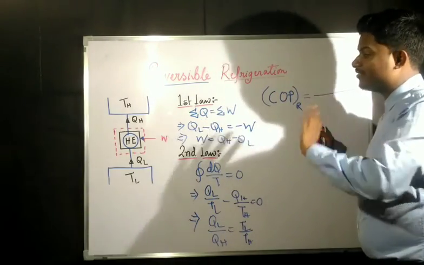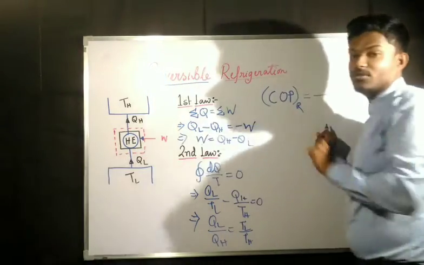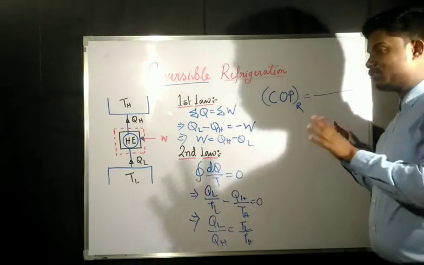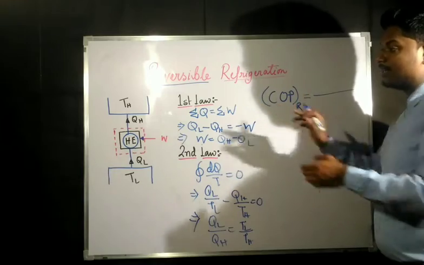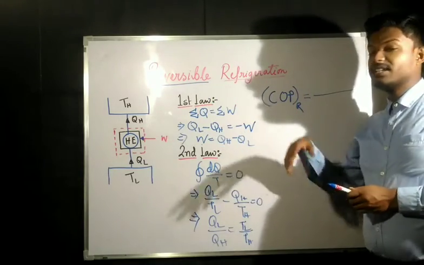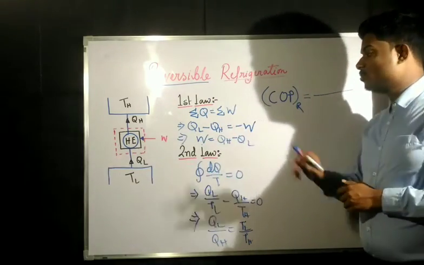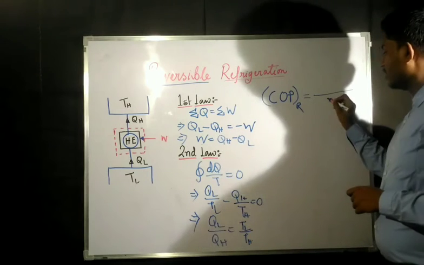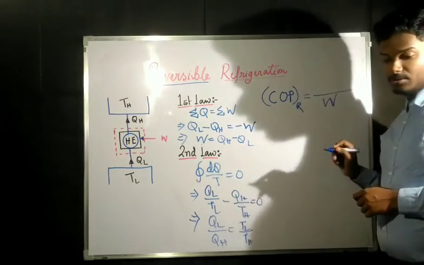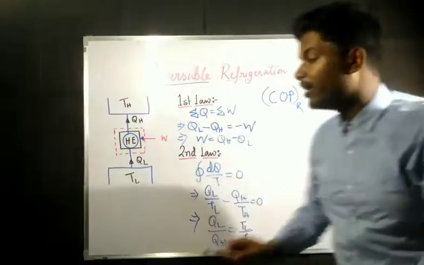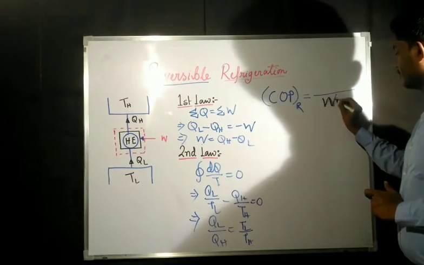In reversible refrigeration, we give the energy in terms of work. Work is also energy, heat is also energy. Whatever you have given, that is W, comes below.